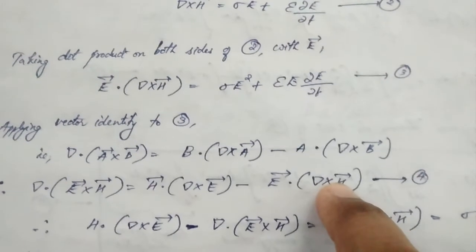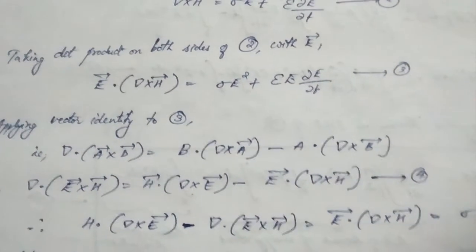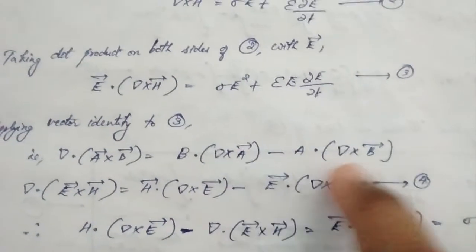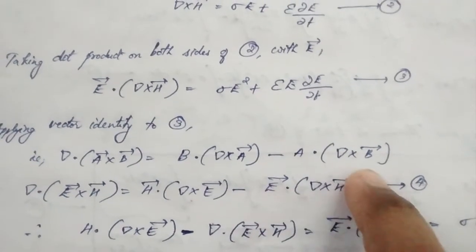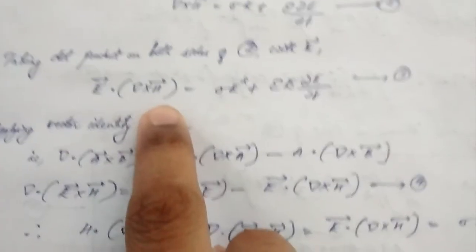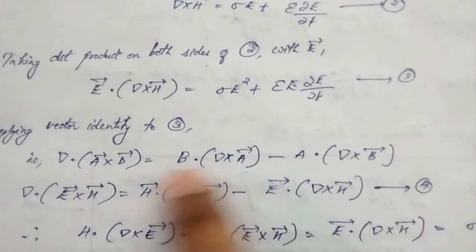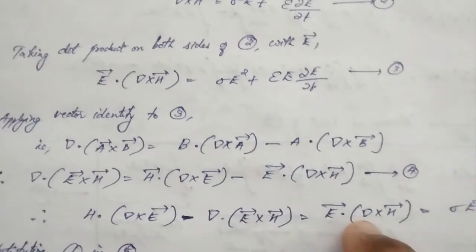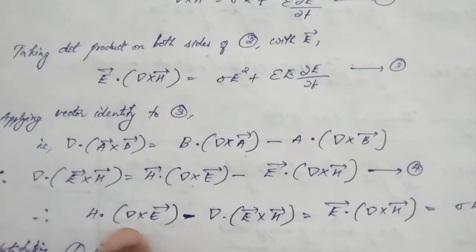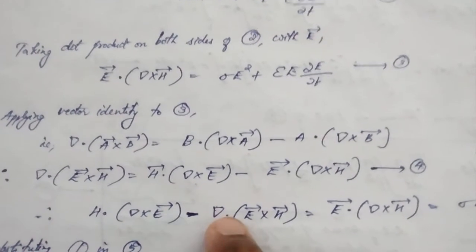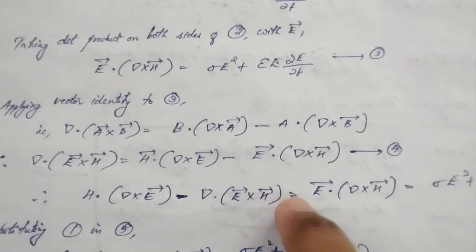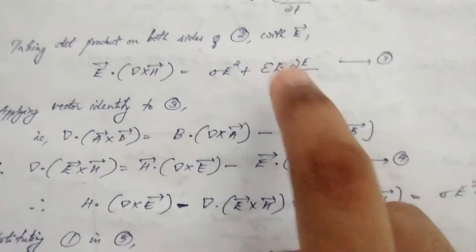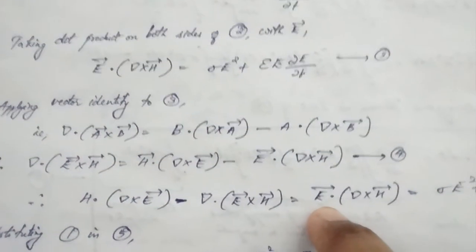Now we are going to slightly rearrange so that we get the term E dot del cross H, which we have in equation 3. So we rearrange equation number 4. It becomes E dot del cross H is equal to H dot del cross E minus del dot E cross H. Now compare this equation and equation 3.